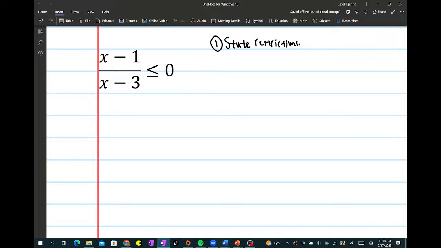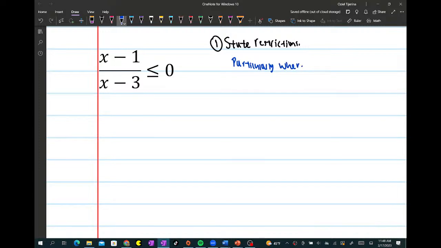And so to do that, basically what you have to do is state where the inequality cannot be equal to 0. So particularly, where x cannot be equal to 0, or where the expression itself cannot be equal to 0, right?